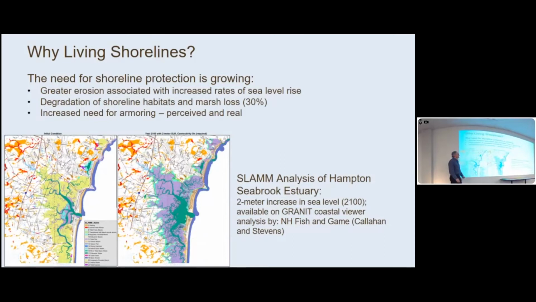So the purple is mudflat. So we're going to be losing more marshes probably in the future. So it would be great to combine this increased need with armoring with salt marsh components that can actually help with the erosion problem.